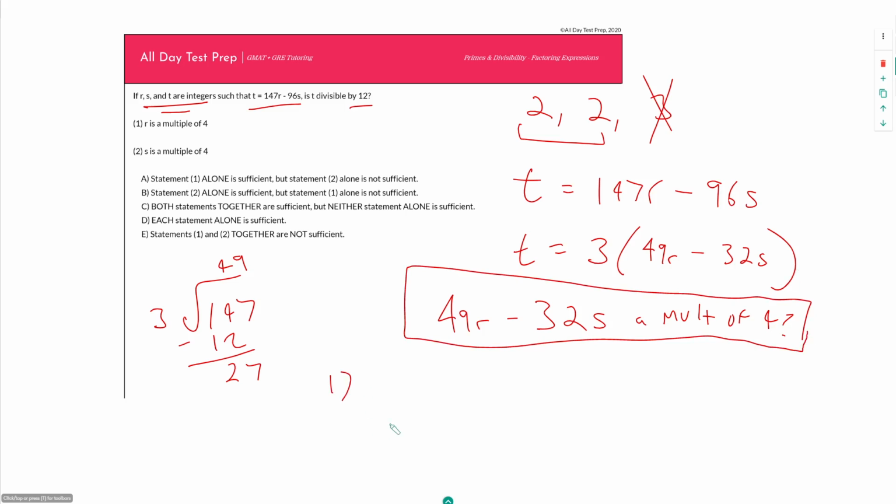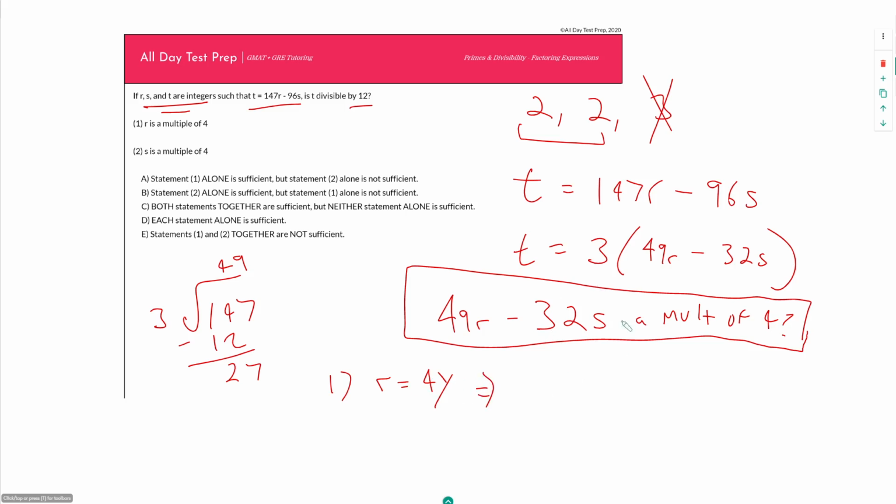Statement 1 says r is a multiple of 4. So how can we incorporate this statement into our question? Well, one thing you can do is, if r is a multiple of 4, write that as an equation: r is equal to 4y, where y is just some integer multiplier.